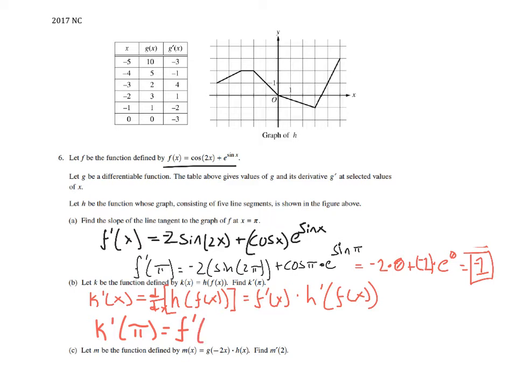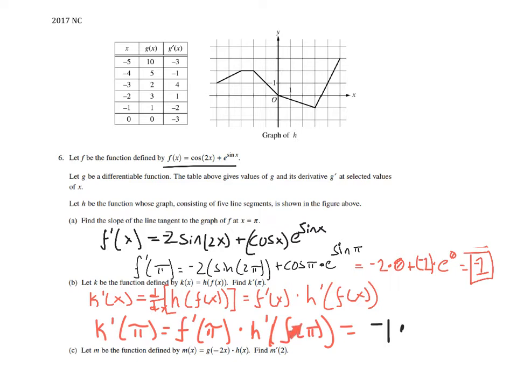So this is equal to f prime of pi times h prime of f of pi. Now, we know what f prime of pi is. We just figured it out. You don't need to rework that. Okay? It's the same problem. So that's negative 1 times h prime of f of pi.